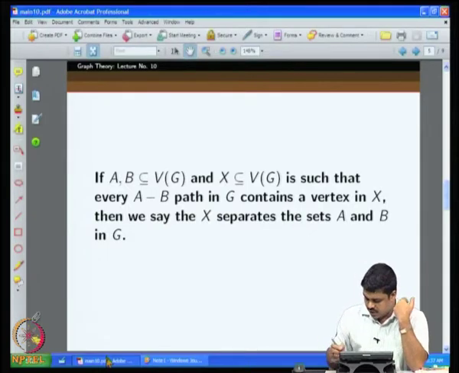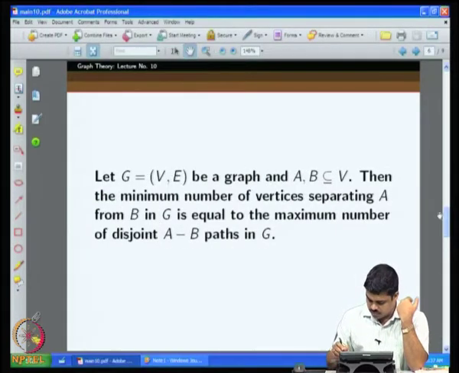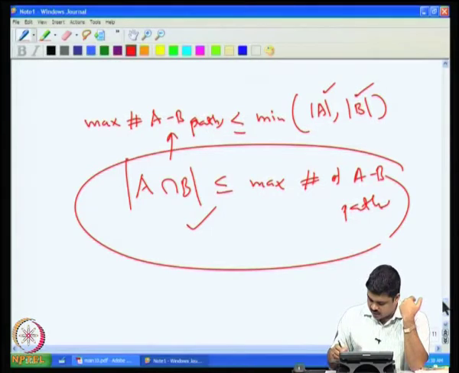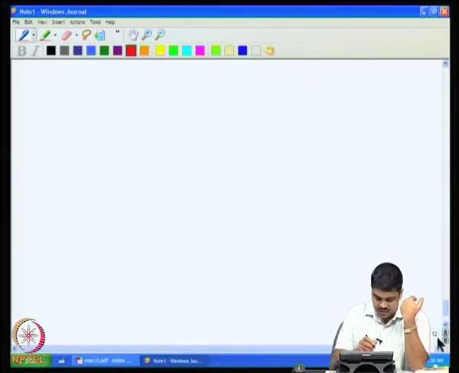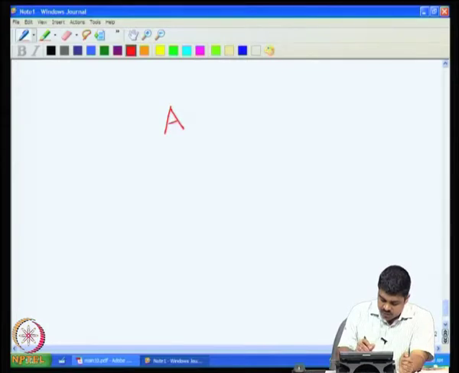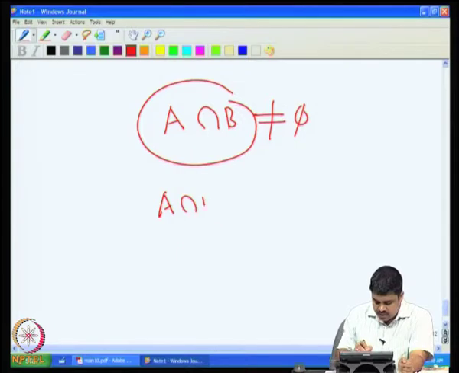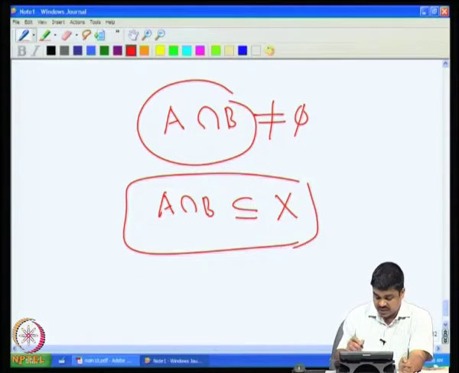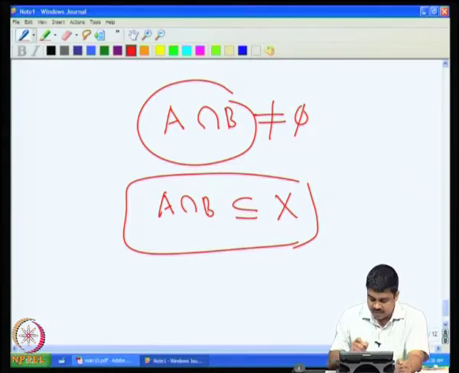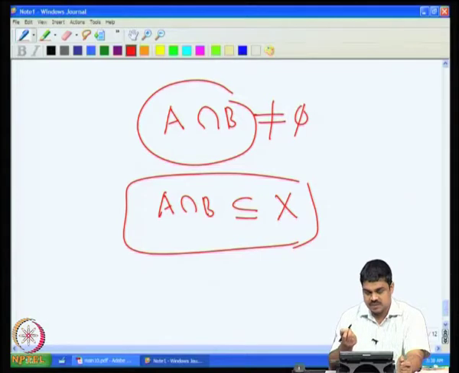Here again you can see that, like earlier, because we don't have any condition that A and B have to be separate, we can have A intersection B not equal to empty. In that case, A intersection B has to be a subset of X if X separates A from B, because if any vertex in A intersection B remains in the graph, then there is an AB path, namely the trivial single vertex path.